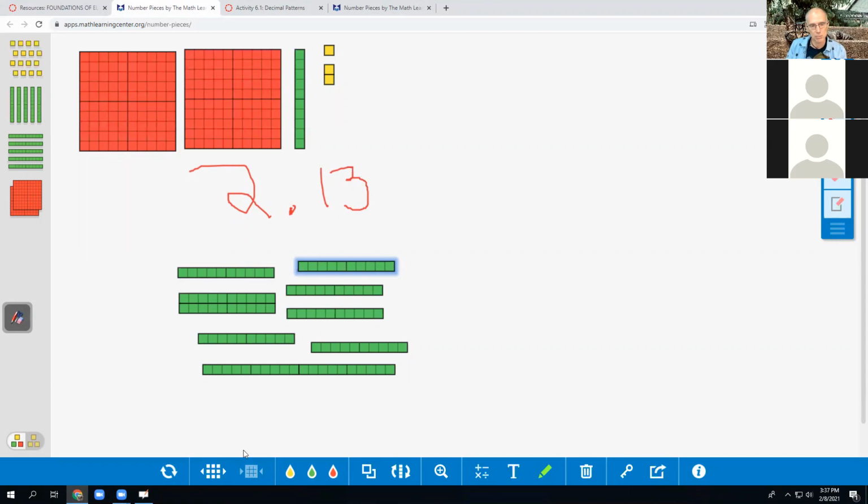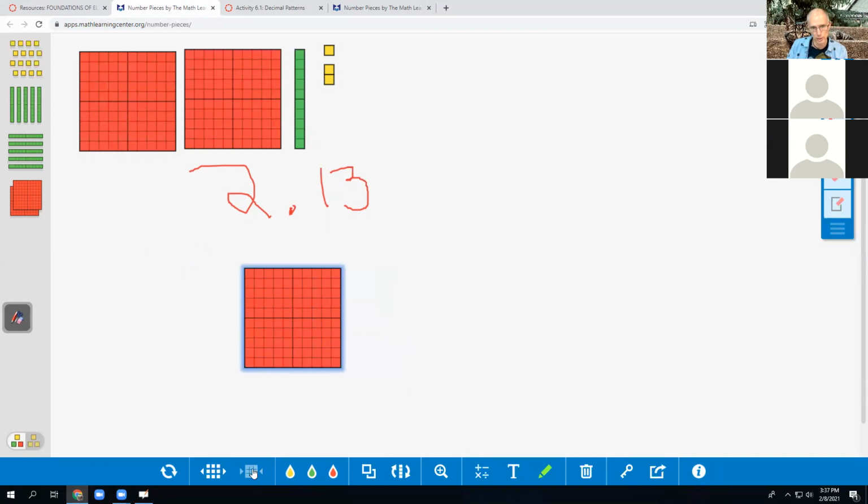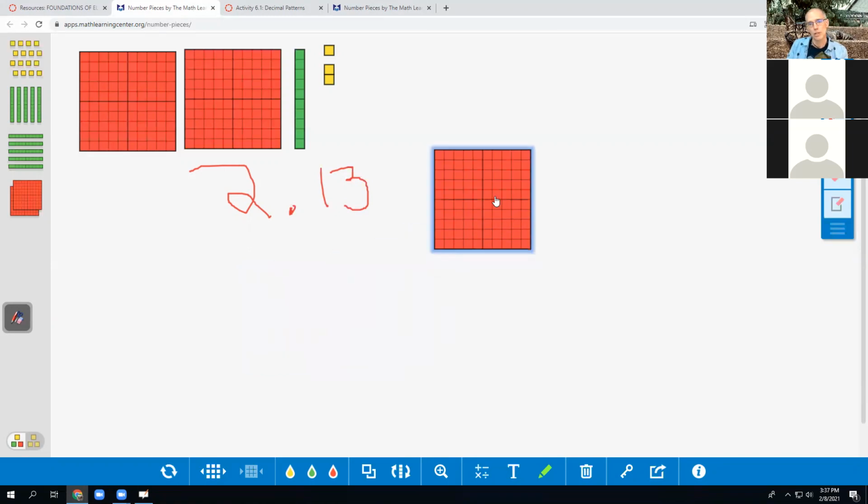Well, 10 tenths can be traded in for one whole. So I can group those by circling them and then, I think it's this button, join them. Because I'm in the colorized version, it says, oh, 10 of the greens make 1 of the reds, which is kind of cute. So when I merge them together, if I see them as greens, then they're not a whole, they're 10 tenths.